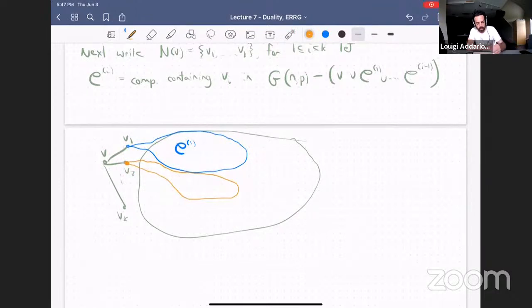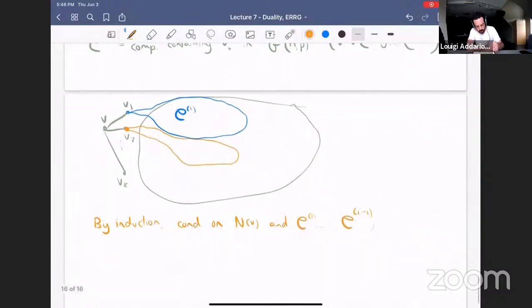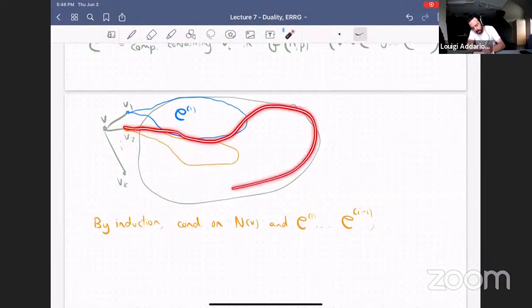Okay, so then by induction, conditional on the set of neighbors, and on c1 up to c(i-1), ci just looks like the component containing vi in a graph G(n,p), but for a different value of n.